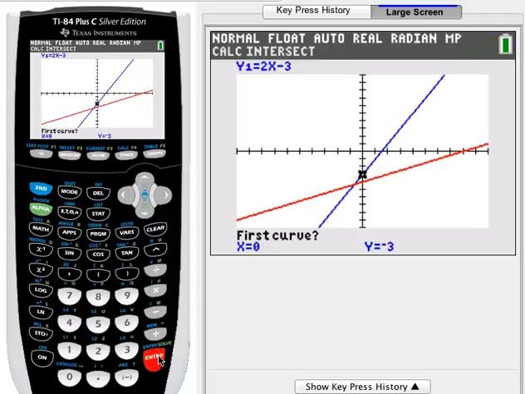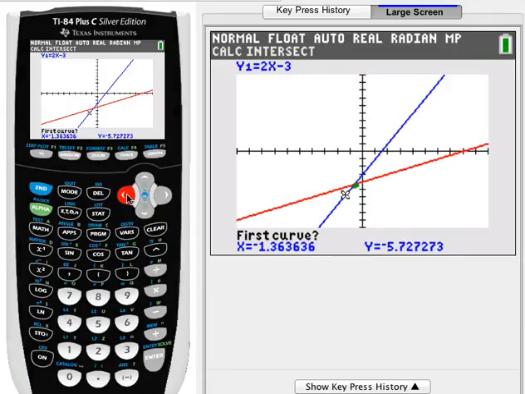So if you go into intersect, it'll ask you for your first curve. You're going to want to be to the left of your intersection point. So since this is my intersection point, I want to be to the left of it. Hit enter. Second curve, you want to be anywhere to the right of the intersection point. And then it will actually calculate it for you.